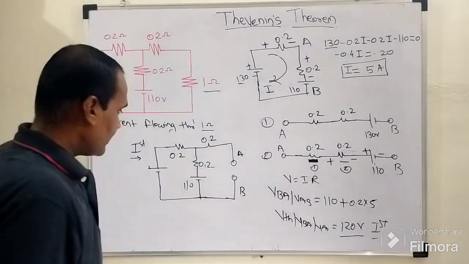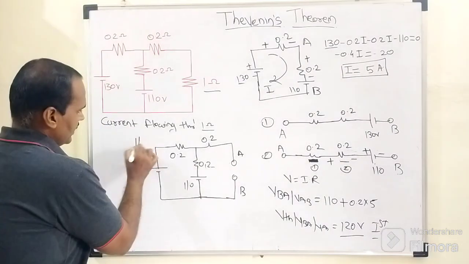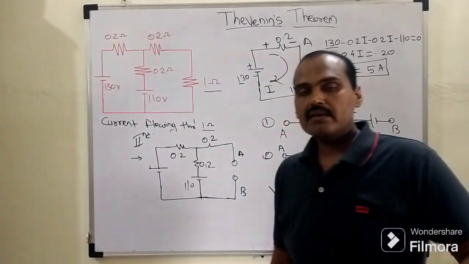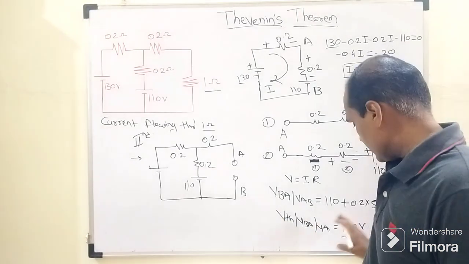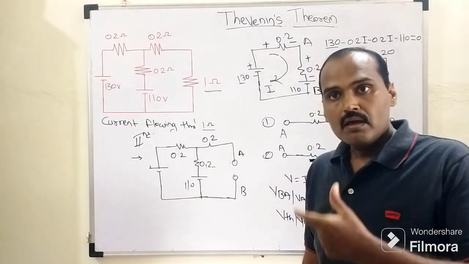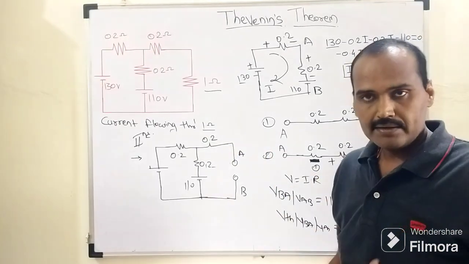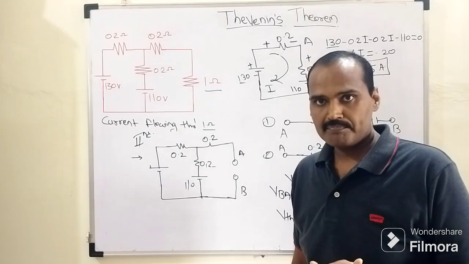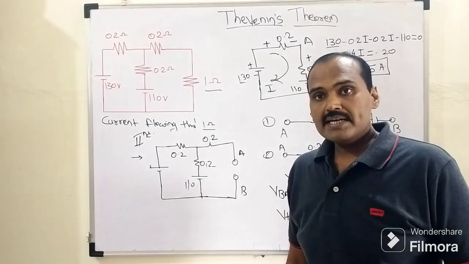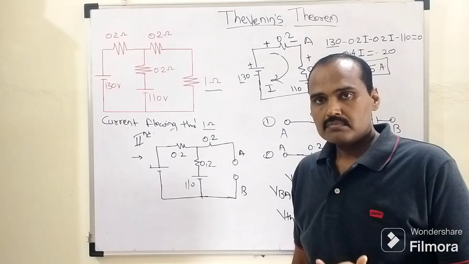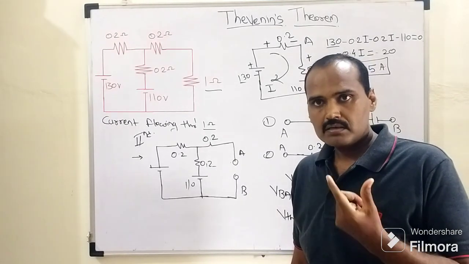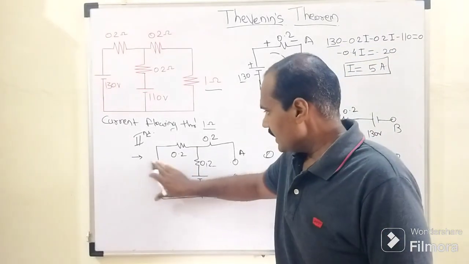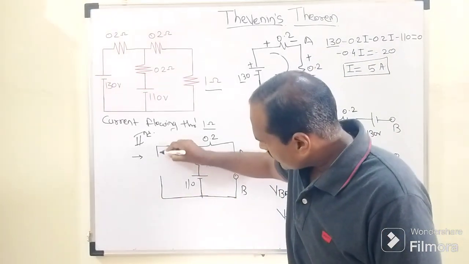Okay friends, in the second part we need to determine the Thevenin equivalent resistance. First of all we need to understand how to determine it. After tabulating this VTH, which equals 120 volt, one more time we need to look at the circuit in which the target resistance is replaced with the two open circuit terminals A and B. While determining this, irrespective of energy sources, whether voltage source or current source, we need to relocate these energy sources.